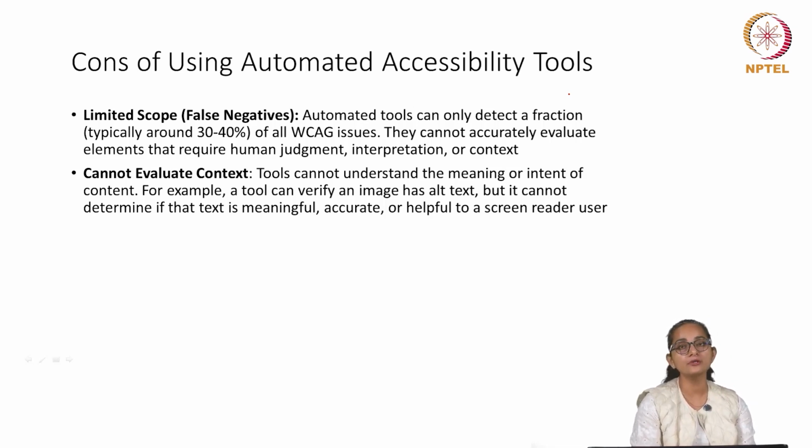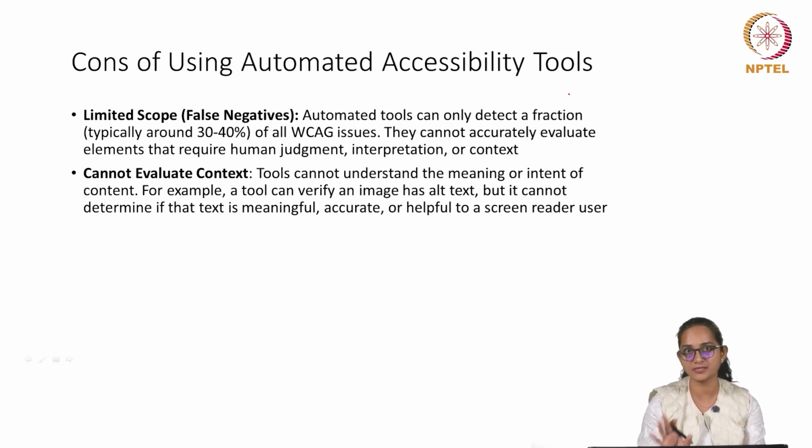For example, if all the images on a website just say "alt text", there is no real meaning or no real words actually. Even if you just type "alt text" in the alt text box, for the evaluator tool it is passing the criteria, right?